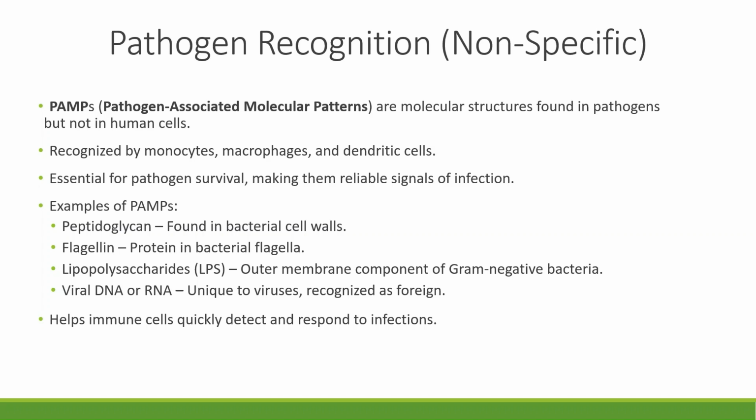Peptidoglycan is just always peptidoglycan. Flagellin is always flagellin. Lipopolysaccharides are always LPS. So these are considered non-specific. They're just recognizable markers that aren't really changing, so you don't have to retrain on them.